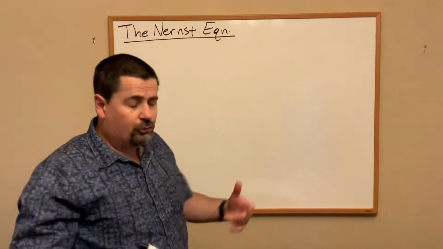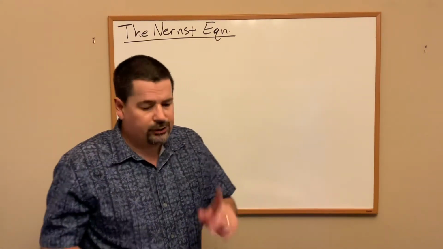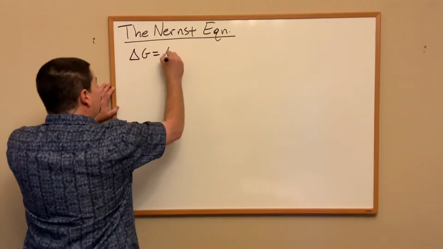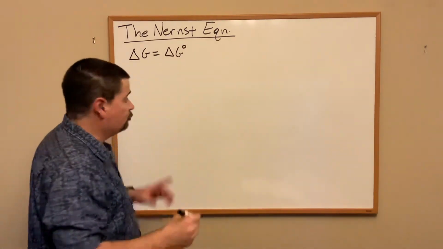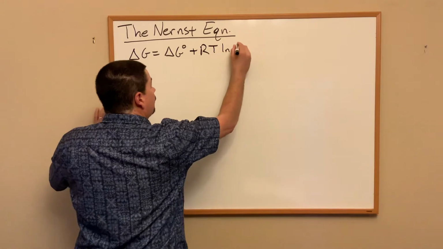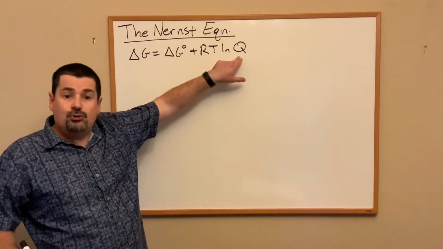If we go back and look at chapter 17, we can see that delta G equals delta G naught plus RT ln of Q, where of course Q is the reaction quotient.